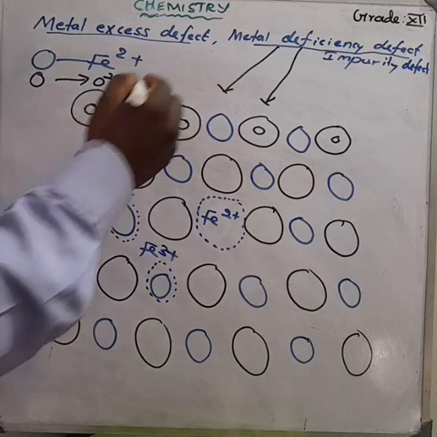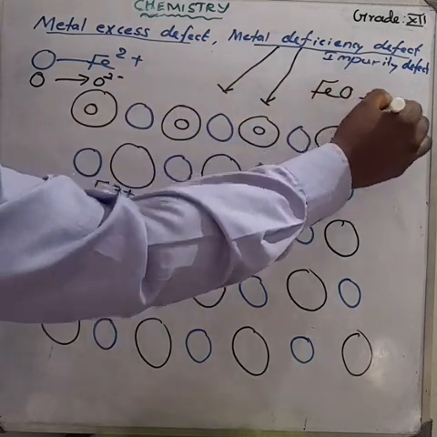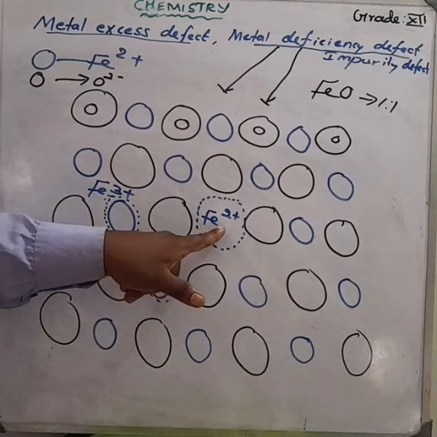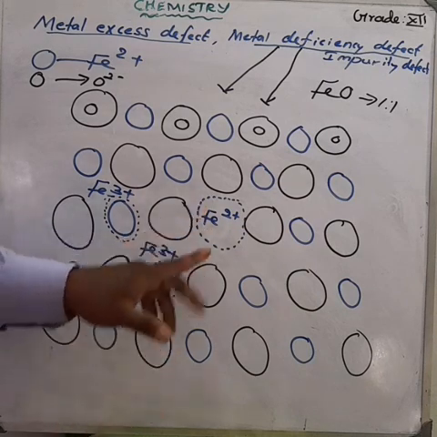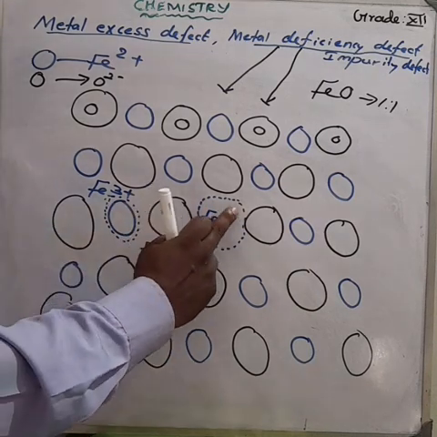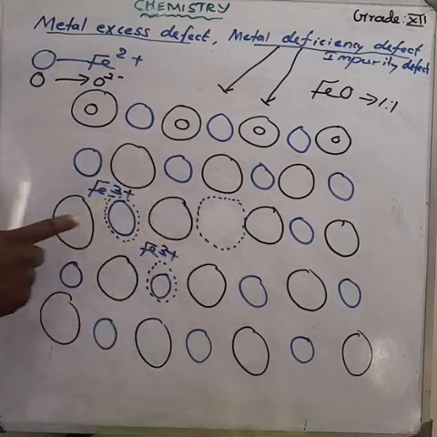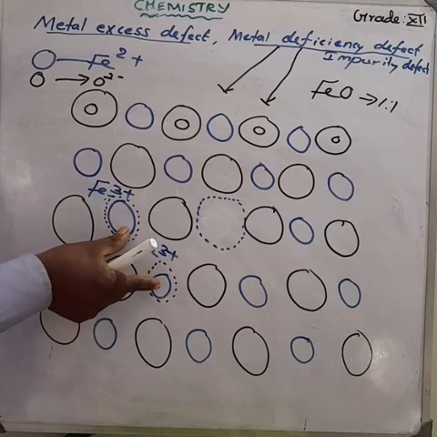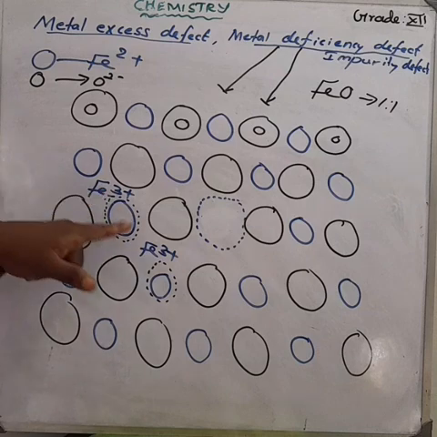The ratio in iron oxide is 1:1 because the formula is FeO. Some of the Fe2 plus ions are missing from the crystal lattice. Here one of the Fe2 plus ions is missing, and you have to maintain electrical neutrality. Twice the number of other Fe2 plus ions in the crystal is oxidized to Fe3 plus ions.